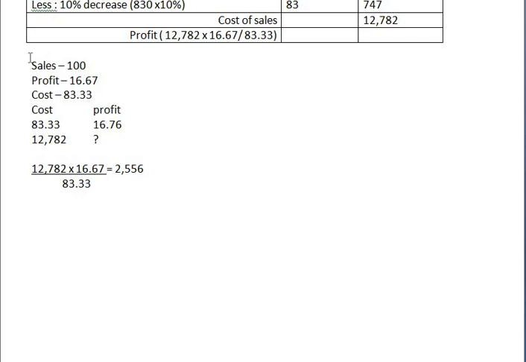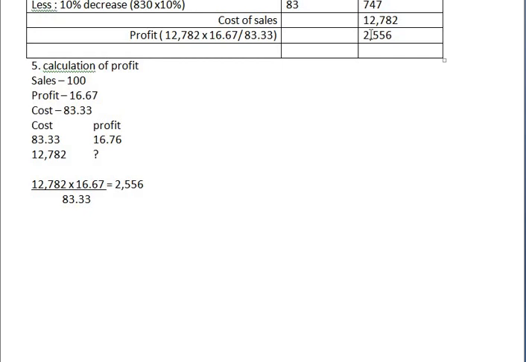So here you can write another working note, that is the fifth working note. Calculation of profit. Okay, now here the profit is 2,556, right? Now find out how much is the sales.